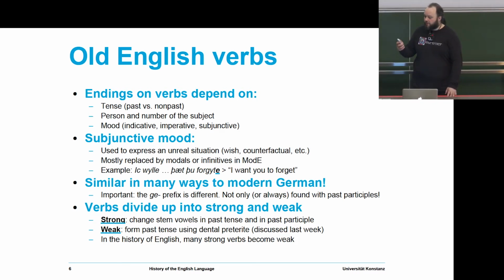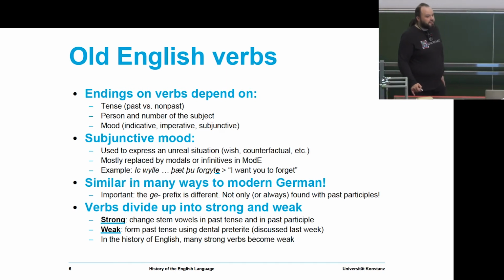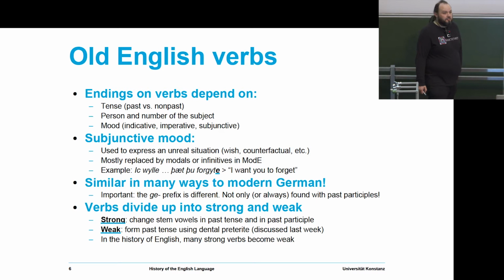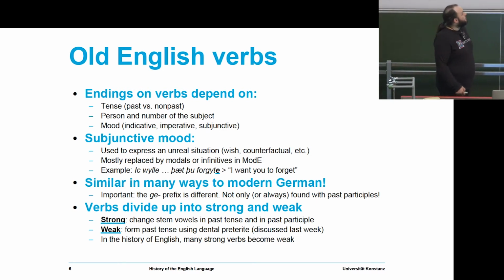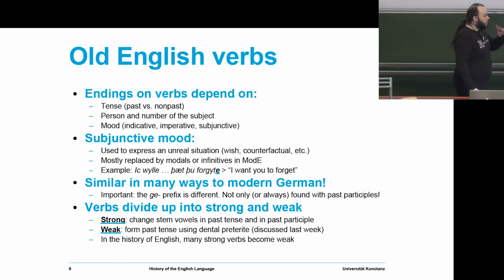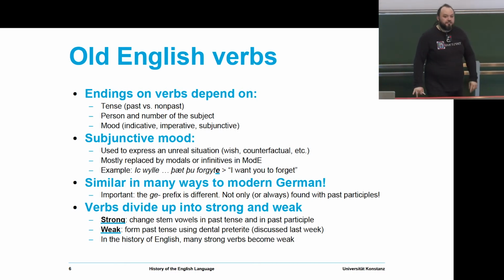So the example on the slide here is Ich ville that du forgete. I want that you forget. And the special thing about this is that the verb form here ends in an E. And that E is not what we would expect to find in the second person singular.